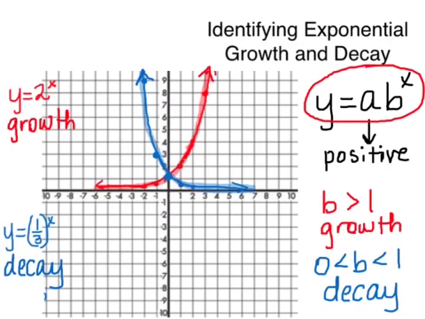If a is not positive, then we've got a different thing going on, but the very typical exponential growth and decay will have a being positive and will have b either being a number greater than 1 or a number between 0 and 1. Now x is the exponent, and that will determine how steep it is, but that is not going to determine whether it's growth or decay.